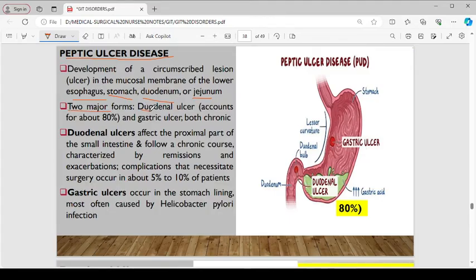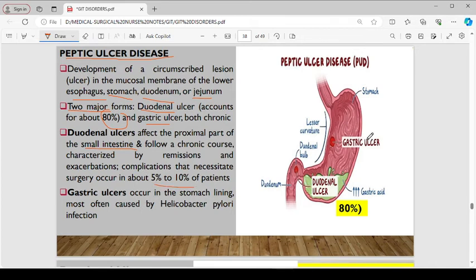We have the duodenal ulcer, which accounts for about 80%, and the gastric ulcer, both chronic. The duodenal ulcer will affect the proximal part of the small intestine and follow a chronic course characterized by remissions and exacerbations. Complications that necessitate surgery will occur in about 5 to 10% of patients.